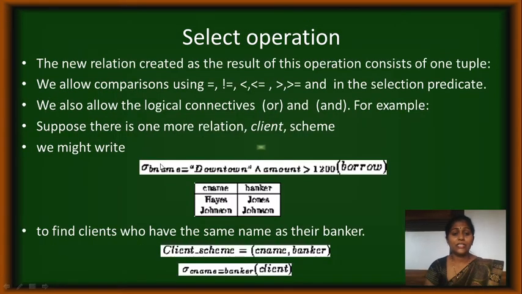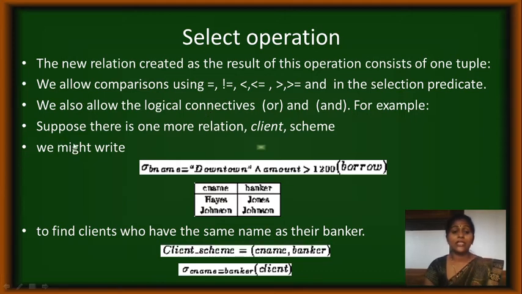Then the new relation created as the result of this operation consists of one tuple. We allow comparisons using equal to, not equal to, less than, less than or equal to, greater than, and greater than or equal to in the selection predicates. We also allow the logical connectives and, or, and not to be used.